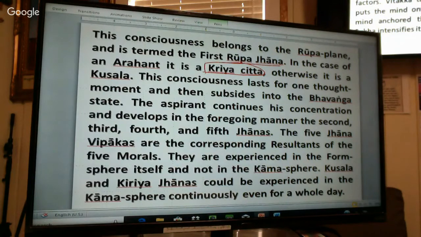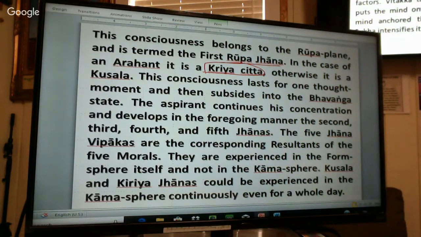So if you practice the jhana, depending on the first jhana, second, third, fourth, fifth jhana, or whatever, you can stay with the jhana for up to 7 days as a human being. But in the form sphere, you can stay as long as you can.